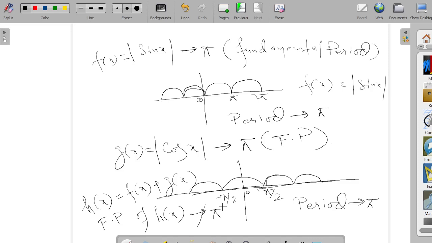This is not guaranteed. Now, definitely pi is one of the periods of mod sin x plus mod cos x, but we should check whether pi is the fundamental period or not. That we need to check. So we can use the strategy that we have just discussed to determine the fundamental period of this function, mod sin x plus mod cos x.